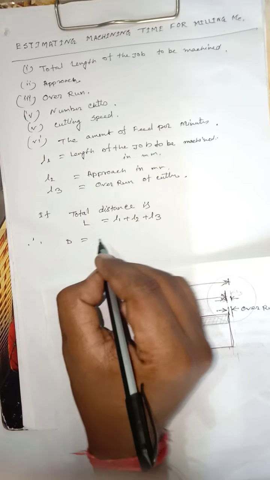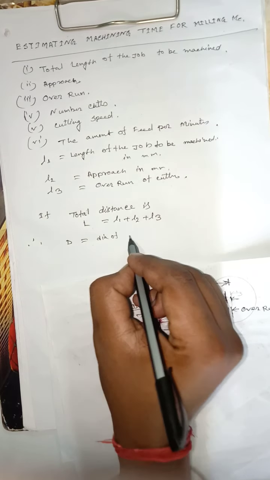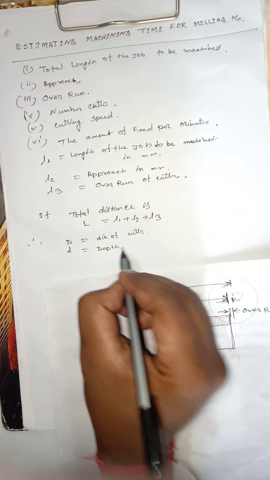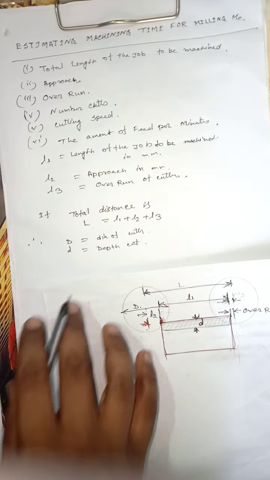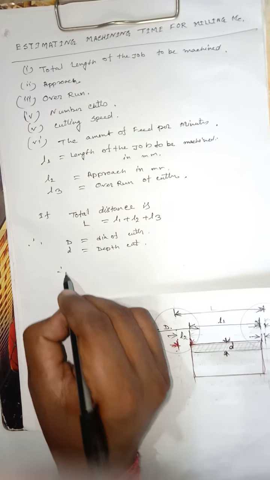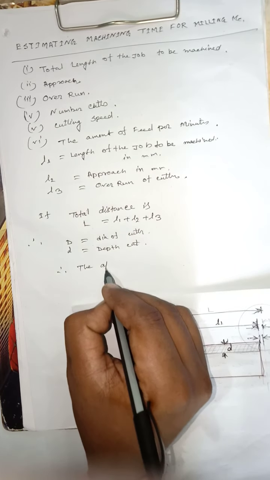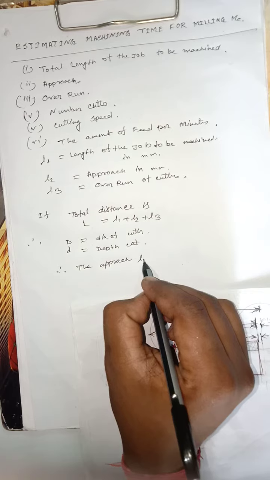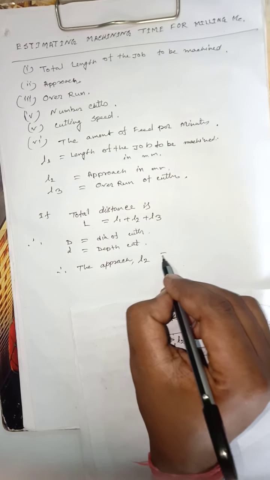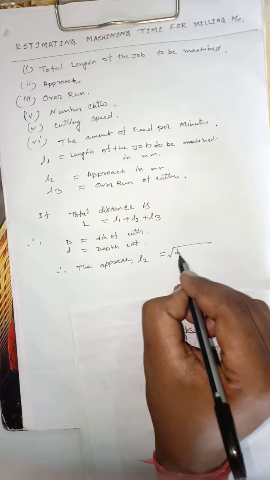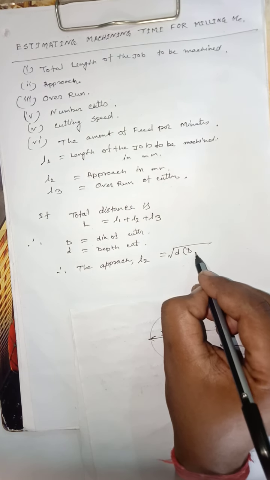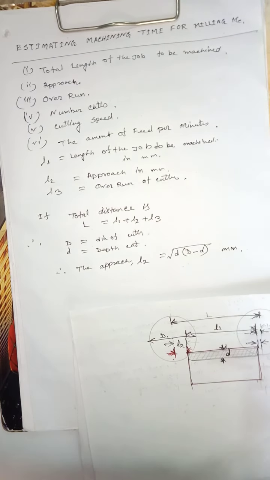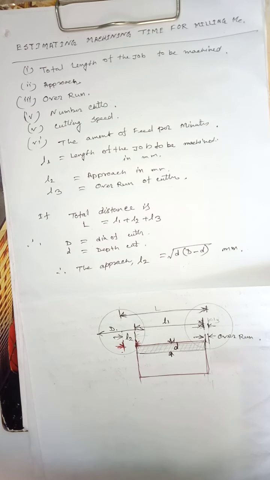We write D is equal to dia of cutter and small d is equal to depth of cut. So the approach L2 is equal to root over of small d into D minus small d. Approach is a length, and the unit is millimeter.